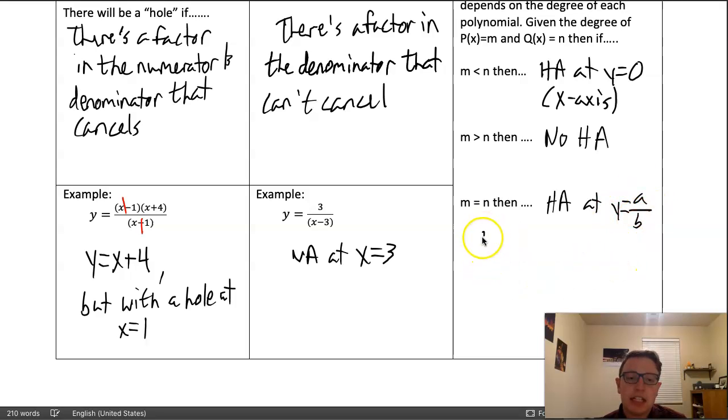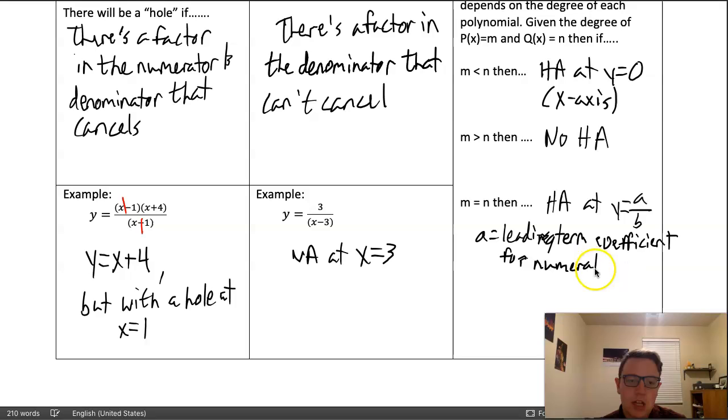A is going to be the leading term coefficient for your numerator, and b is going to be your leading term coefficient for the denominator.